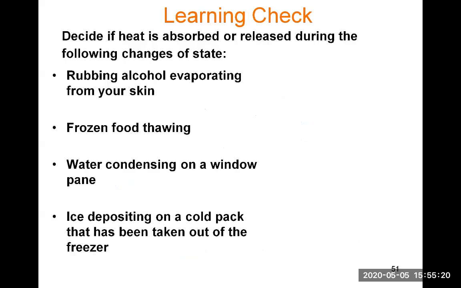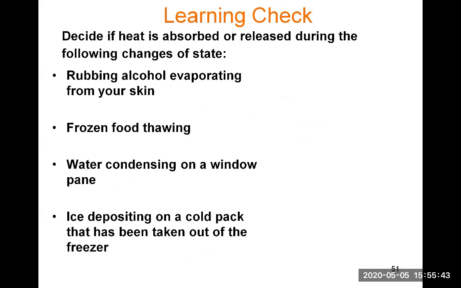So let's do another learning check where we will decide if heat is absorbed or released during the following changes of states. We have rubbing alcohol evaporating from the skin. You probably have experienced that, and you know how it feels very cool.